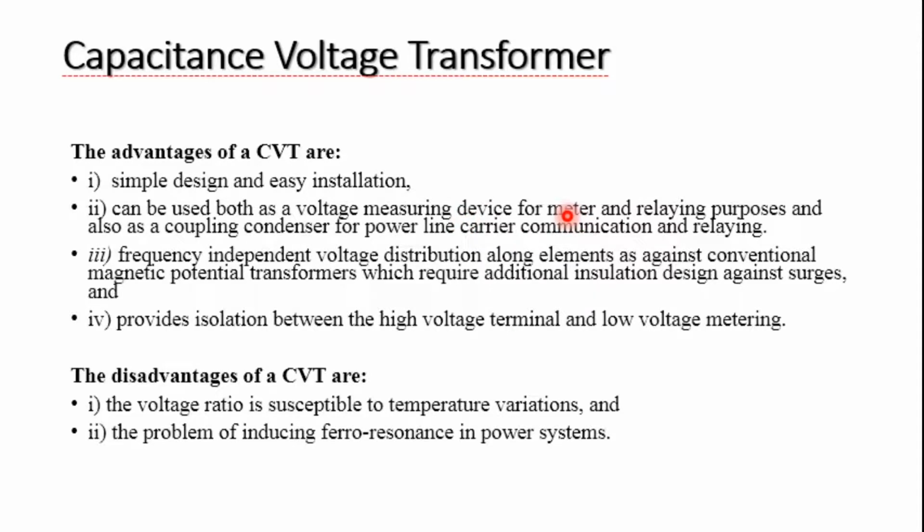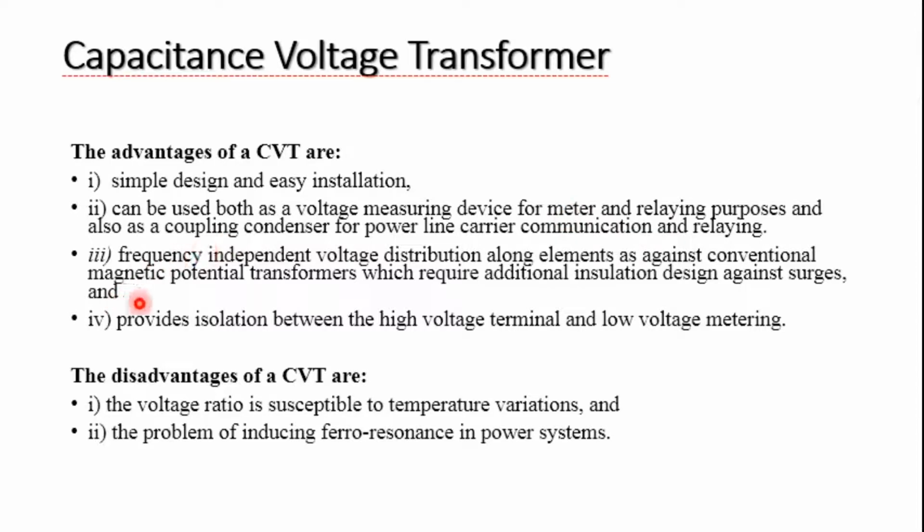Means we can take the value of the voltage which we are getting and feed it directly to the relay, and also as a coupling condenser for power line carrier communication in the relay. So this means that we can use it for both measuring values and for communication purposes as well.